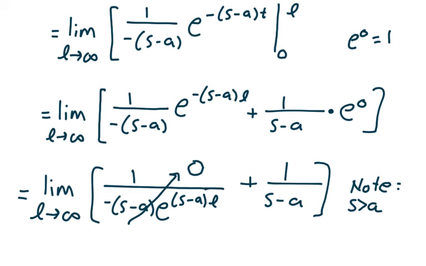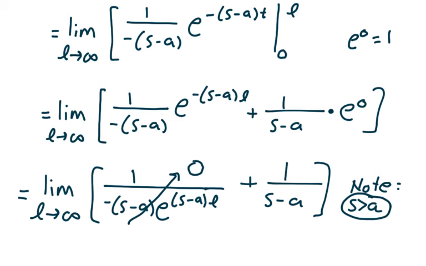But again, we want this limit to exist. And so what I want to do is impose that restriction that s is greater than a. Because again, if s equals a, then you essentially have division by 0. If s is less than a, what ends up happening is as L goes to infinity, the limit of the first term doesn't exist.